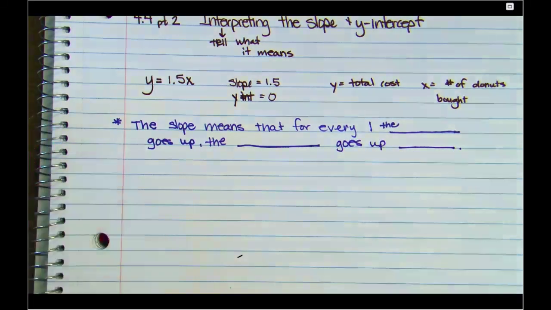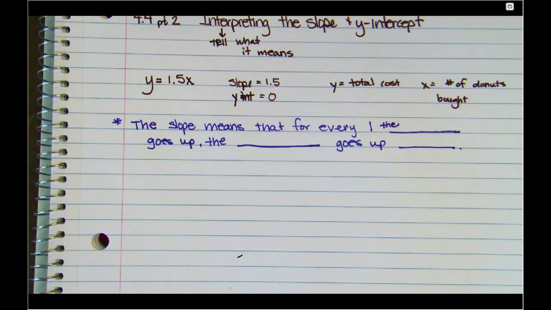Okay, so this sentence, that's in purple, it looks like bloop to you, maybe, but it's perfect. That sentence you're going to use every time I ask you about slope. Okay? So I have to know what the blanks are, because you can't leave blanks. You won't get that right. That would be bad.